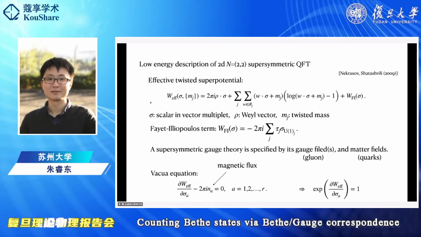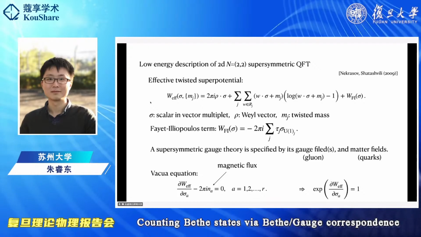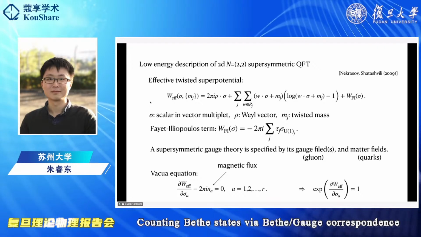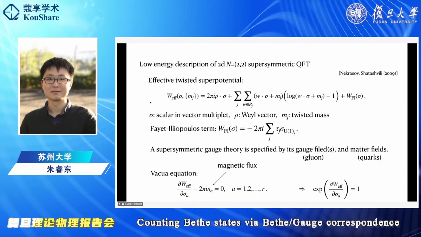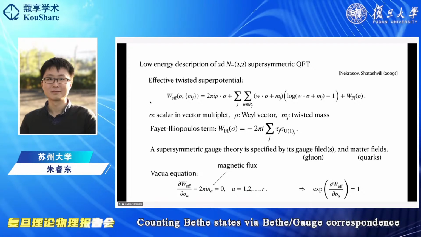This W is not that W. Well, because we are actually solving with 2 pi i in this.